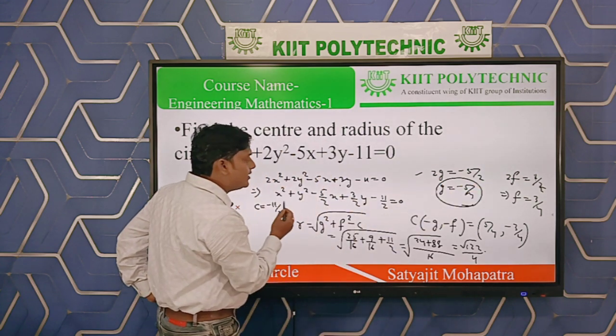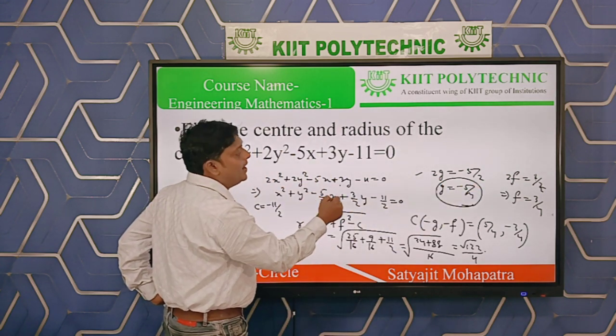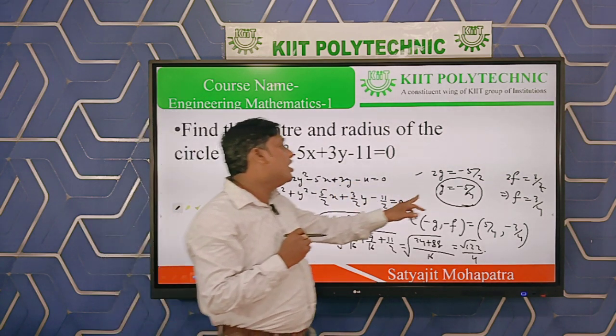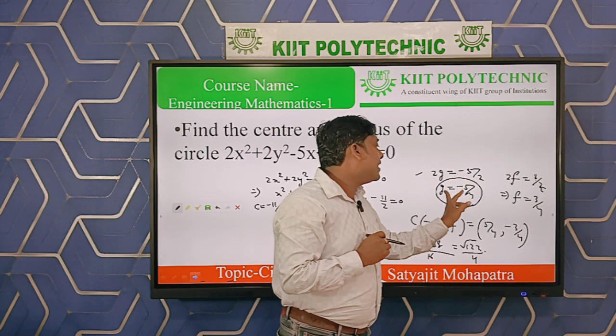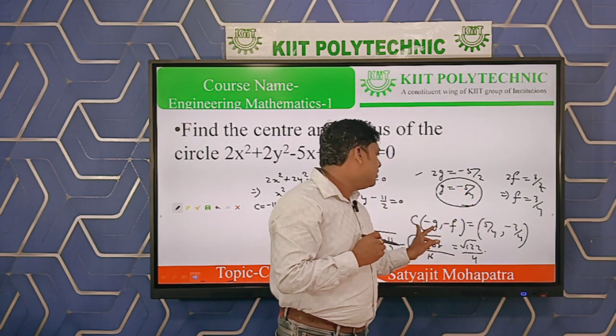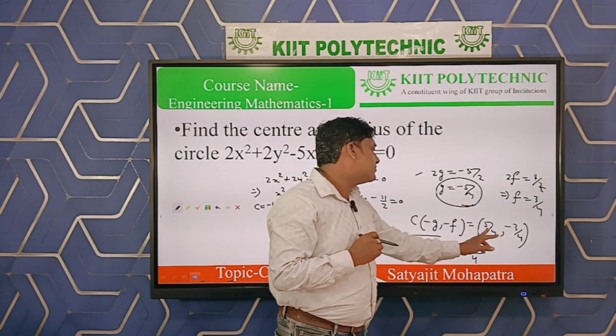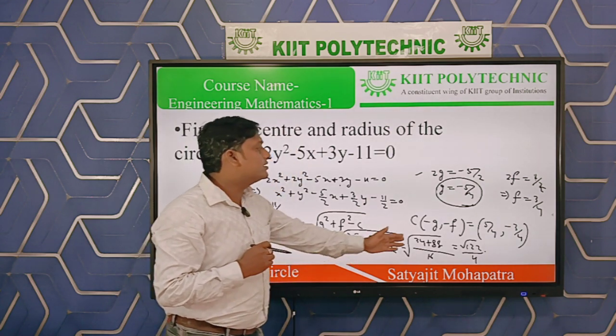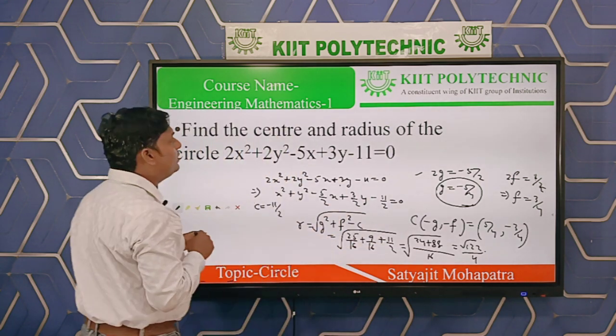This equation is the latest, which needs to be compared with the general equation of the circle. By comparing we got 2g, 2f, then finally g and f. Then we know the center is minus g, minus f. Then we know the formula to find radius. All these things will help you a lot.